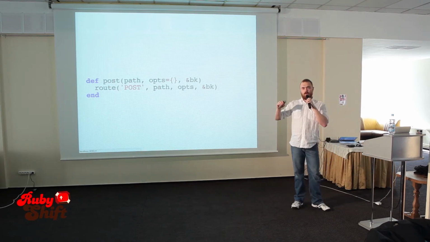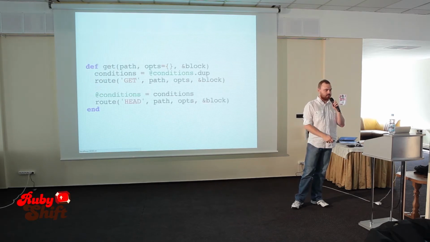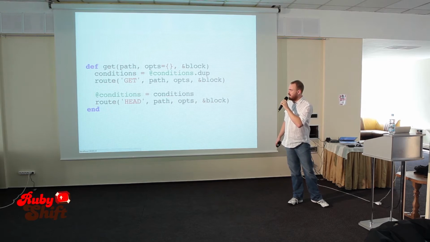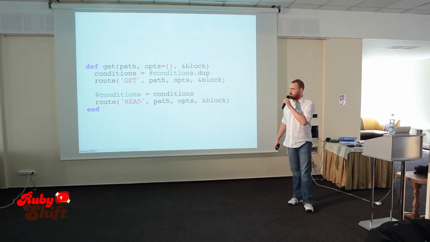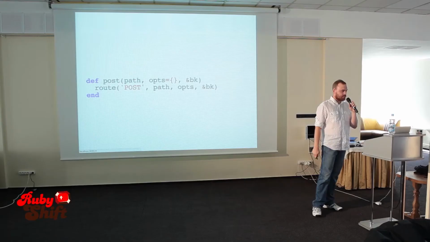So all these methods do the same. They point to root, except get. I'm not sure why. I probably have to ask Konstantin why, because it defines get and head for it, so 2 roots instead of 1.